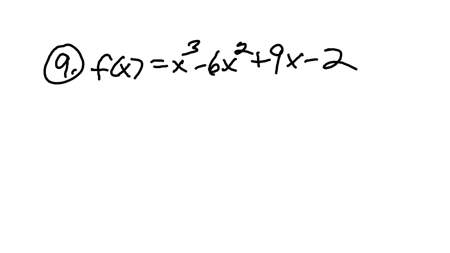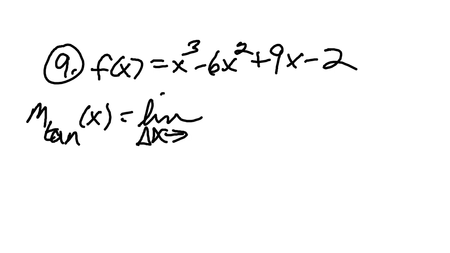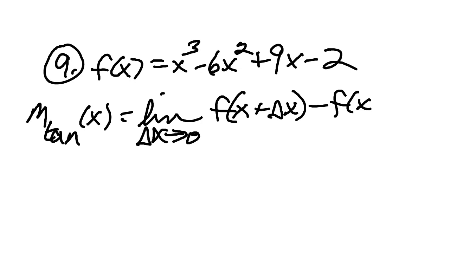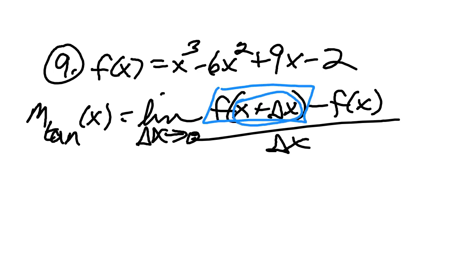And if I want the slope of the tangent line at any point x, that's the limit as delta x approaches 0 of f of x plus delta x minus f of x, all over delta x. And so once again, if I plug in an x plus delta x everywhere there's an x, there's a whole lot of places that there's an x here. So what would that be?